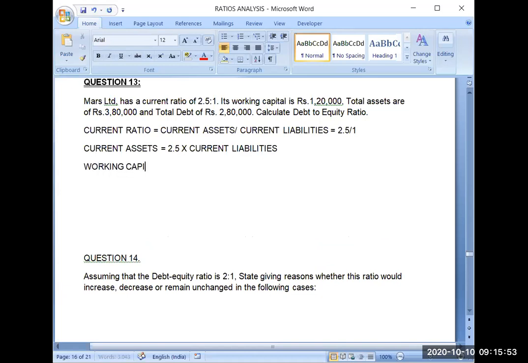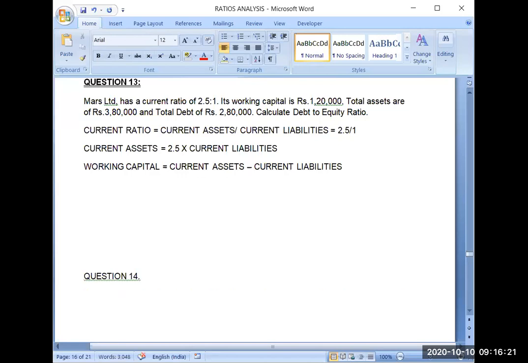Working capital is given. Working capital is equal to current assets minus current liabilities. Always recite the formula whenever you are writing it. Only this is the way that you will be clear about the logic and formulas. Now, again, I don't know the value of current assets and current liabilities. I know the value of working capital, 1,20,000, that I will put in it.